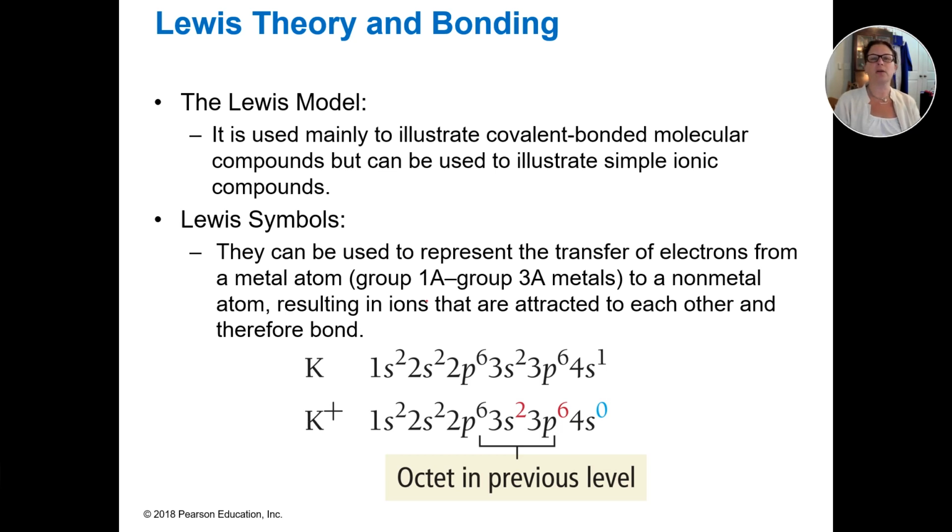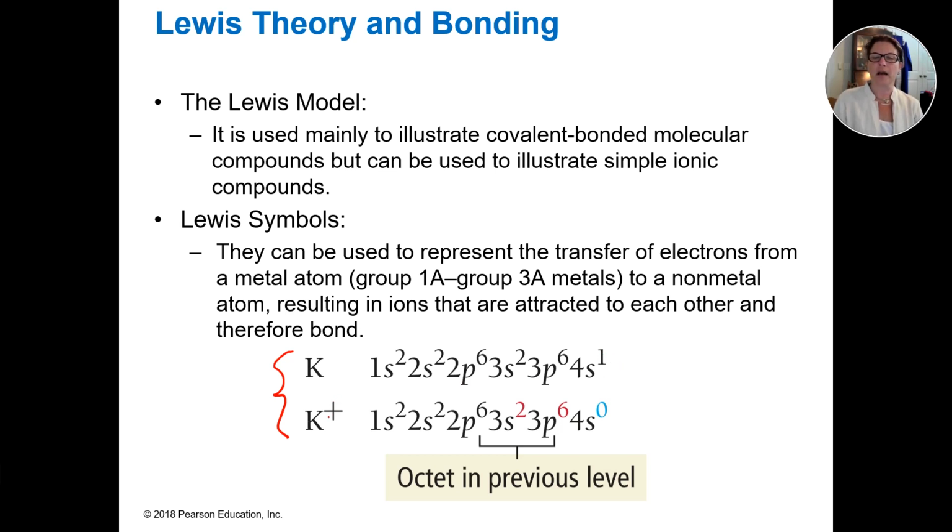So this Lewis model, we basically just use it to show how compounds can be formed by way of gain and loss or sharing of electrons. So if we go back and remember electron configuration, if we have regular old ordinary potassium, here's the electron configuration for it.